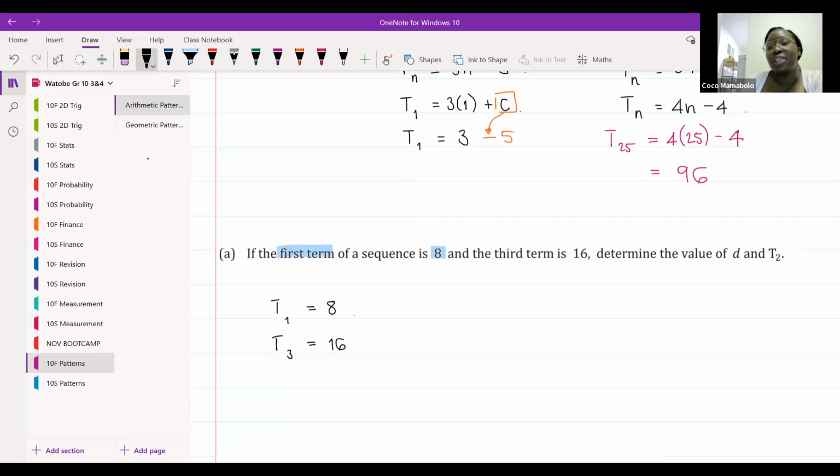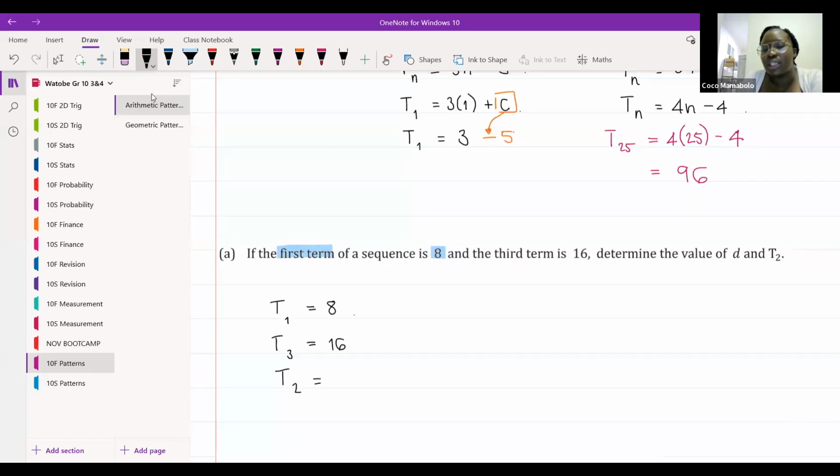Now what they want me to do is find the common difference. If we write this as a sequence, I know that between T1 and T3, what is missing? T2, right?